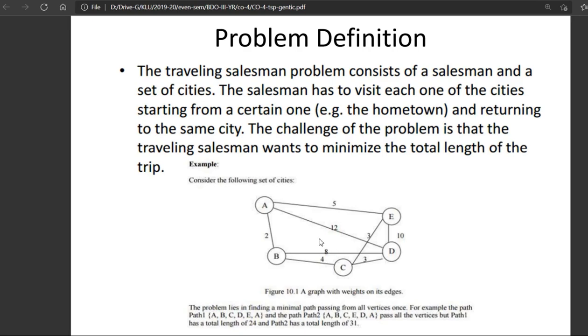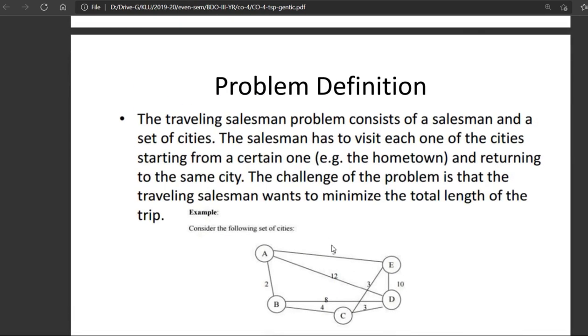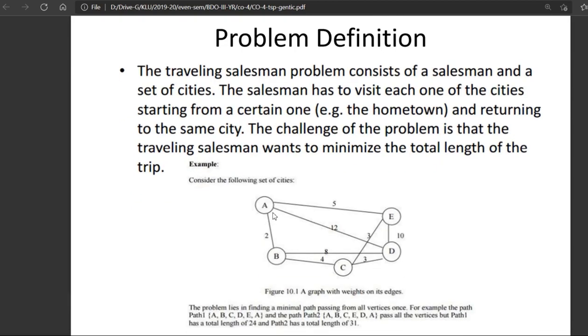Likewise, this problem is modeled. If there is no path between two cities, you need not put an edge. So you can see there is no edge between A and C.